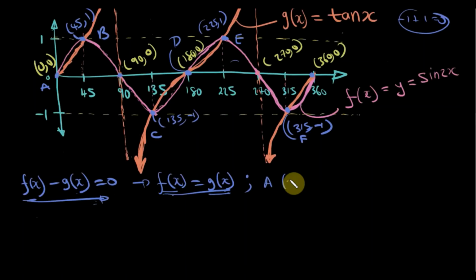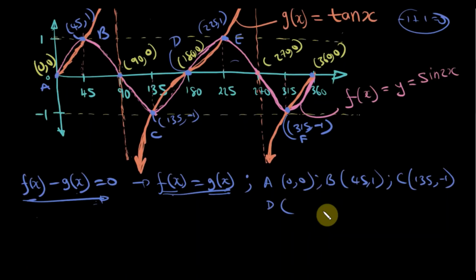At A, 0 0, B, which is 45 1, C, 135 minus 1, and D, 180 0, and E at point 225 1, and finally F at 315 minus 1.